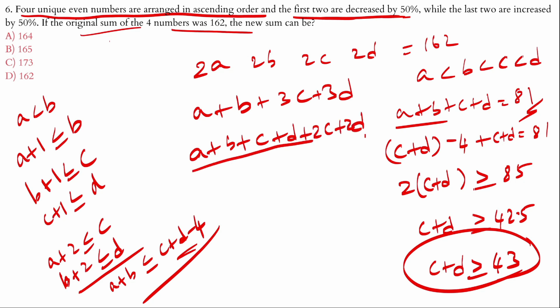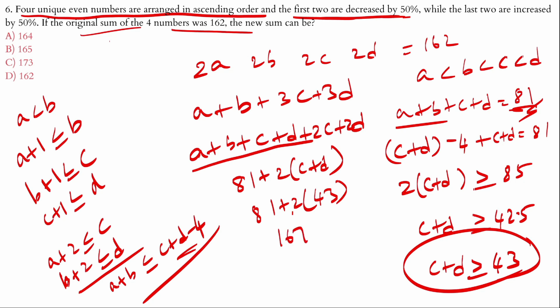So a plus b plus c plus d, we know that this is 81. So 81 plus 2 into (c plus d). So 81 plus 2 into (c plus d), we know it is 43. So 43, this will be equal to 167.